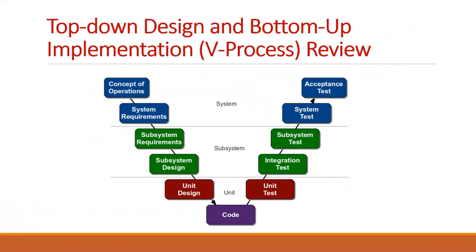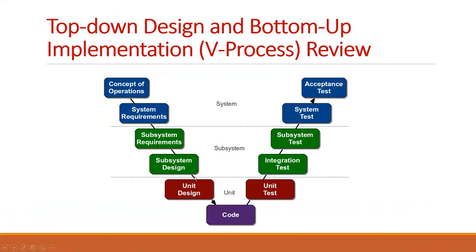So project design, I talked about this before: the waterfall model, and then it developed into the V process model. When you get a project, you first need to know the concept of the operation and the system requirements, and then the subsystems, and then you break down those subsystems and do unit design.